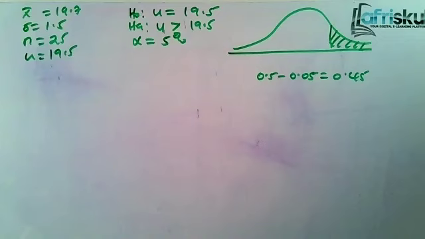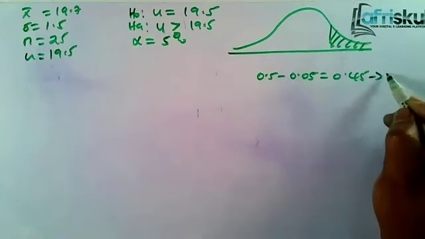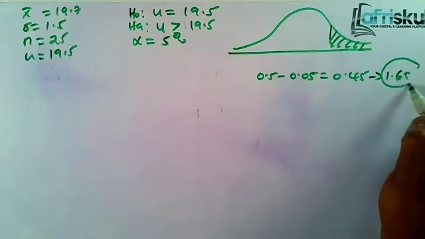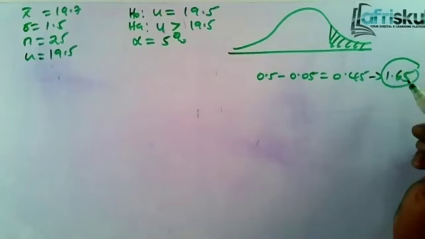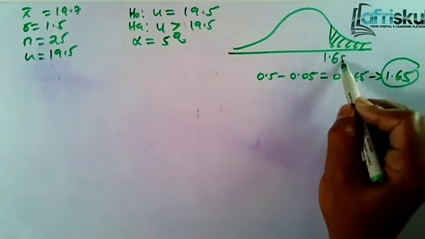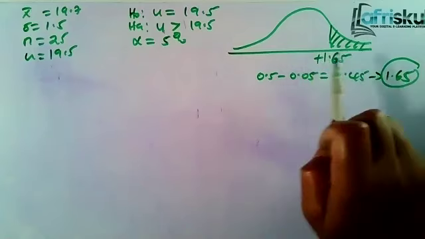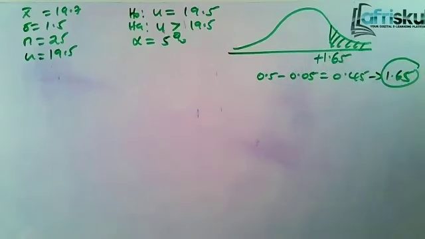Umeona ukipata 0.45, how much do you get? If you get 0.45, hiyo 0.45 ilikuwa inatupea ngapi? Ilikuwa inatupea 1.65. If you read it from the table, you are getting 1.65. So this will be 1.65 plus, since it's on the greater side. Are you getting that?